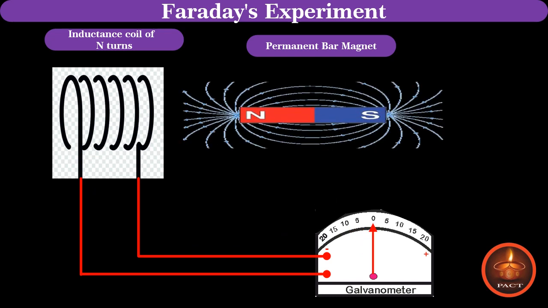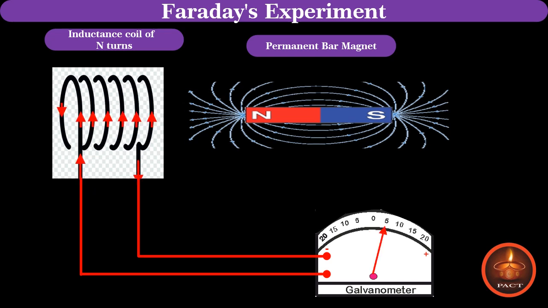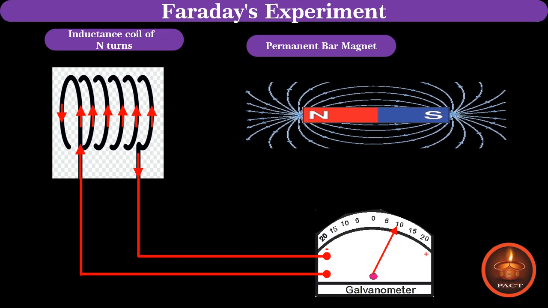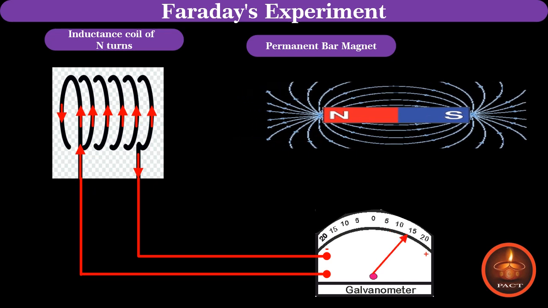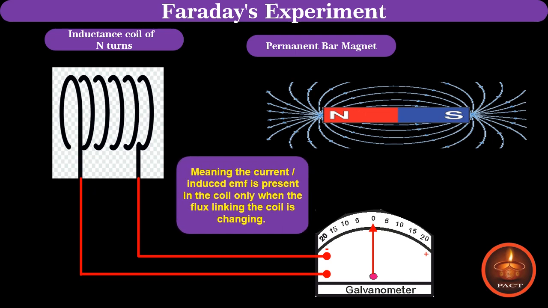Further, when the magnet was moved away from the coil, the current in the coil was found to reverse and the deflection of the galvanometer was on the other side as seen. But again, when the magnet became stationary, the pointer came back to zero, meaning he concluded that the current in the coil, or the induced EMF, is present in the coil only when the flux linking the coil is changing.